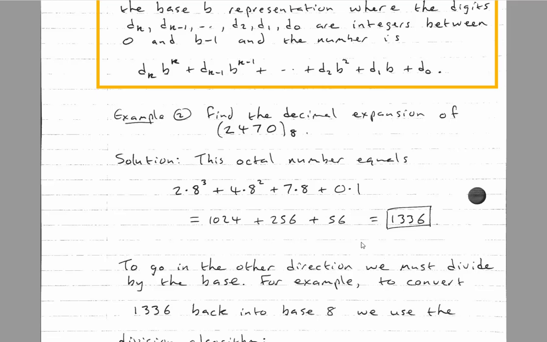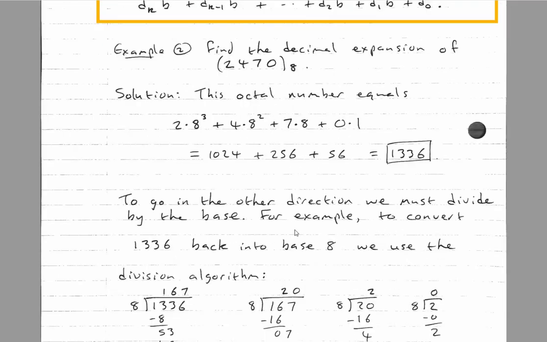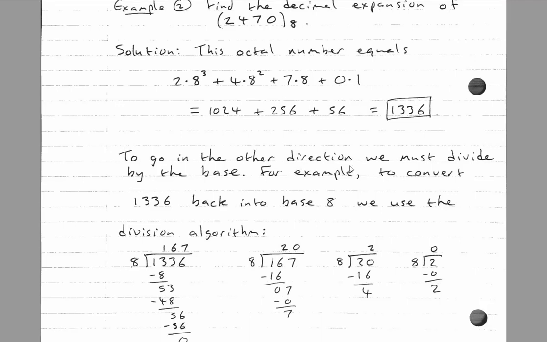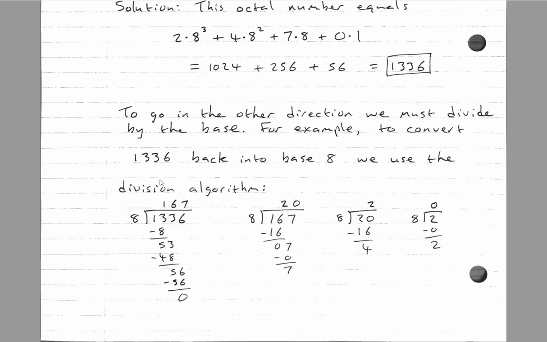But how do you go in the other direction? How would we have converted 1336 to base 8? Well, instead of multiplying, now you're dividing by the base. So here's how it works.